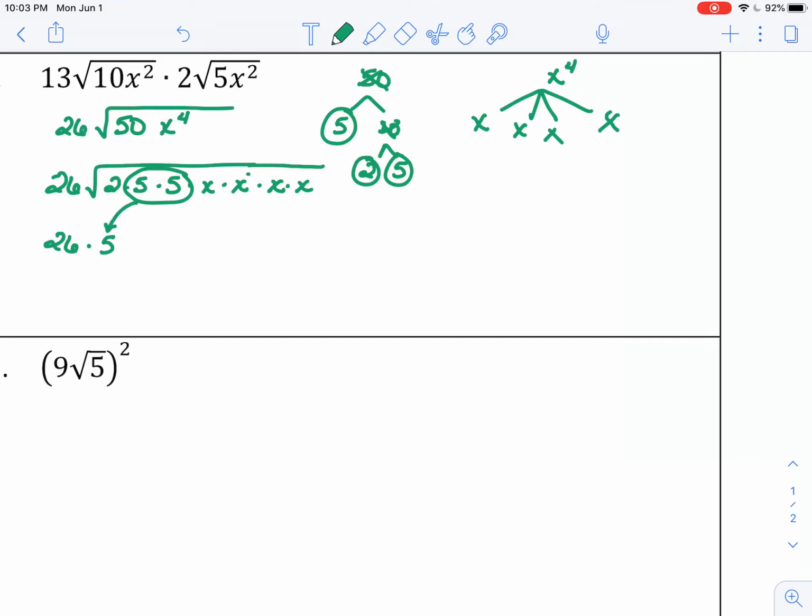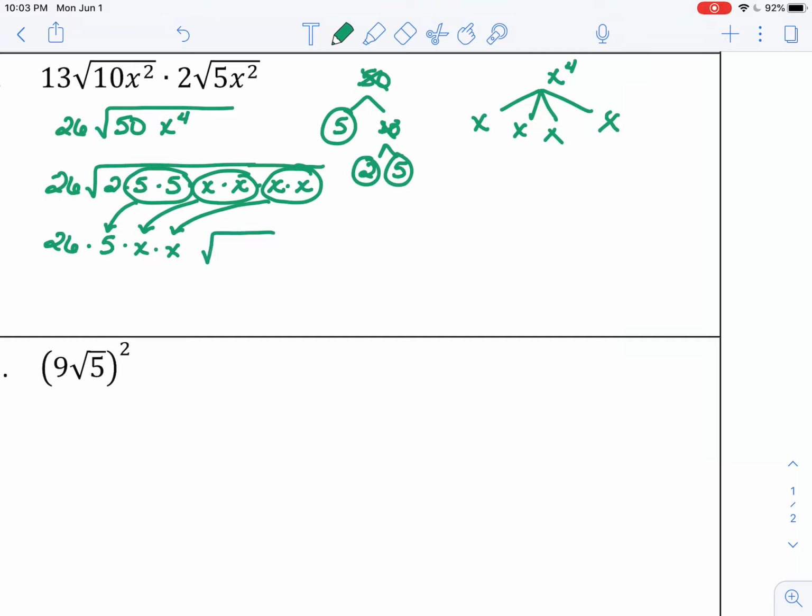I see a pair of x's. X times x is x squared, and a square root cancels out that perfect square. So 2 x's outside my radical is a single x. Pairs make perfect squares. I see a pair of x's here. So joining all this other stuff out here is this x.